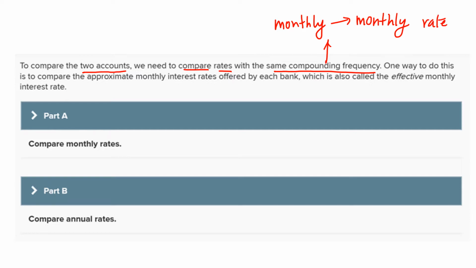If it is annually, then we will look at the annual rate of interest. If it is daily, then we'll look at the daily rate of interest. So depending upon the compounding frequency, after how much time the interest is calculated, you will see whether it is monthly or whether it is say annually.